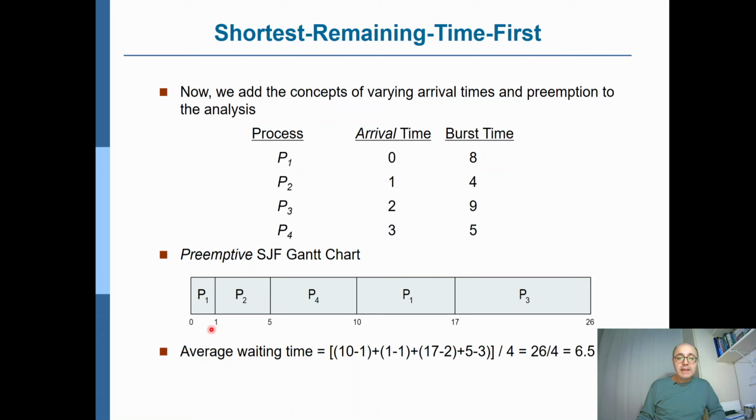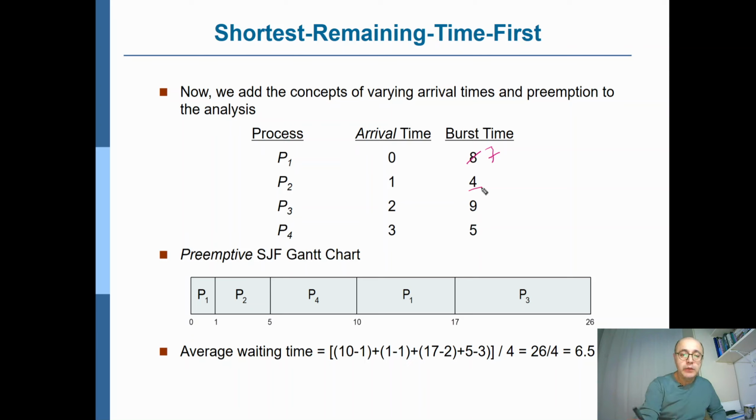However, at time 1, P2 arrives. So at time 1, what's left of P1 would be 7, because I've already executed it for 1 millisecond. But P2 has a burst time of 4 milliseconds.